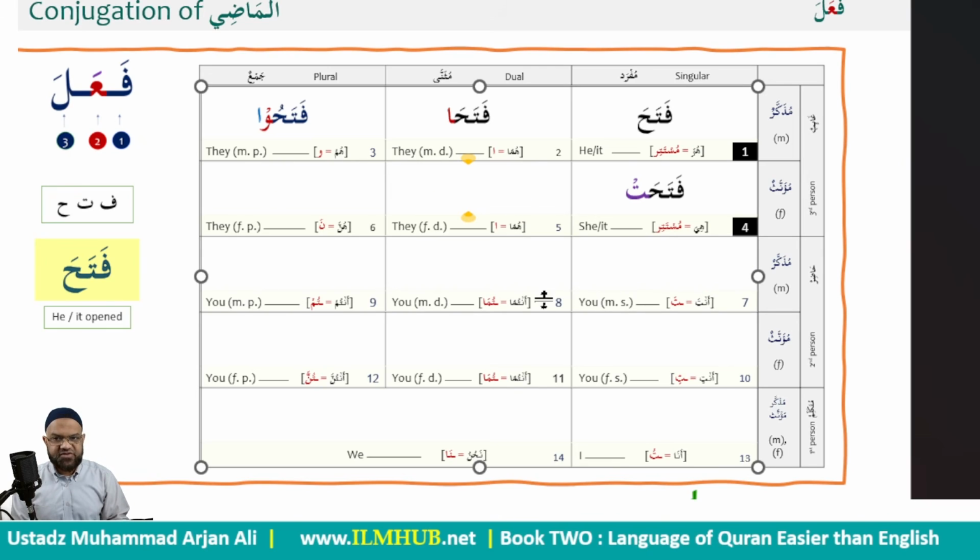Now we come to number 5, which is again the feminine version of huma. So we go to fa, fatahat. Same. So we got our feminine here as well. And then the huma is represented by alif. So here the alif represents the doer, but the ta represents feminine.